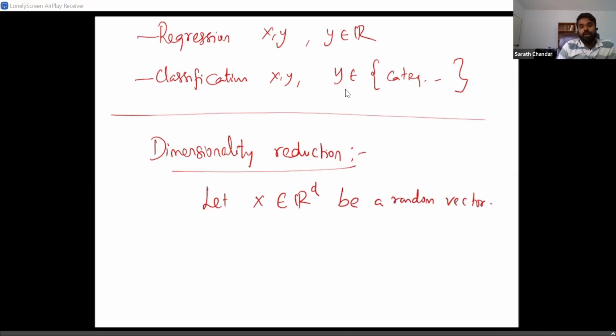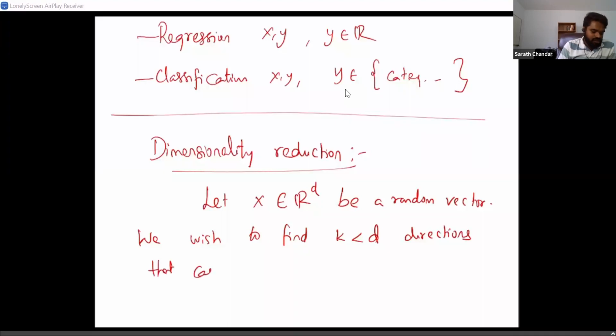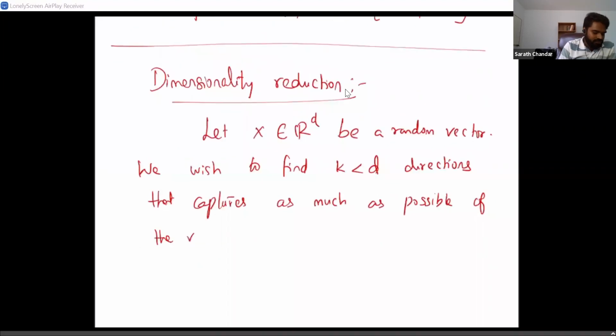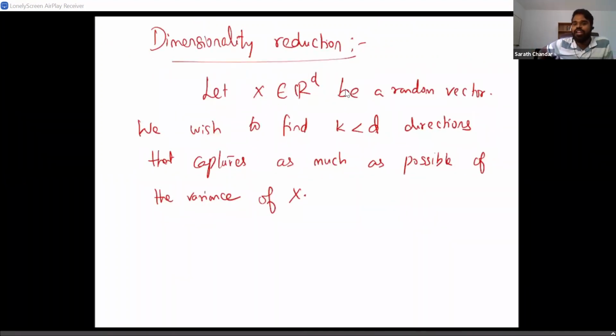The problem statement is we wish to find k less than d directions that capture as much as possible of the variance of X. Given, let's say, a 100-dimensional X, I'm interested in finding some 10 dimensions.